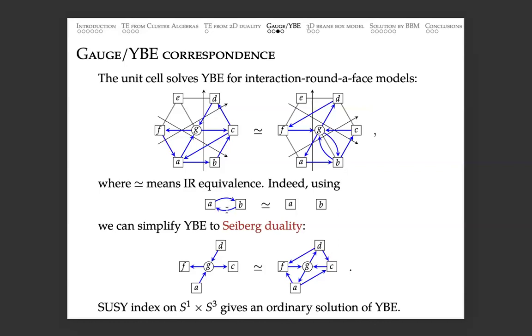And you can cancel them because you can turn on some potential term which gives masses to each of these arrows. That makes them massive, and at low energy, because they are massive, they are gone. So you can cancel these pairs of arrows.